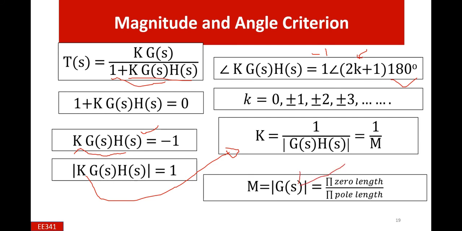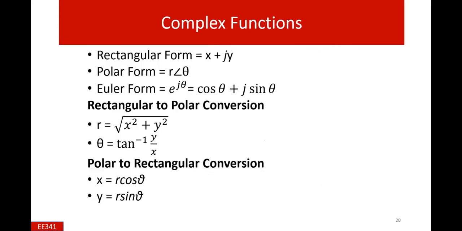So if we want to find the value of k, it is the product of the pole lengths over the product of the zero lengths. This is the definition of k. We can find it graphically or by numerical ways.